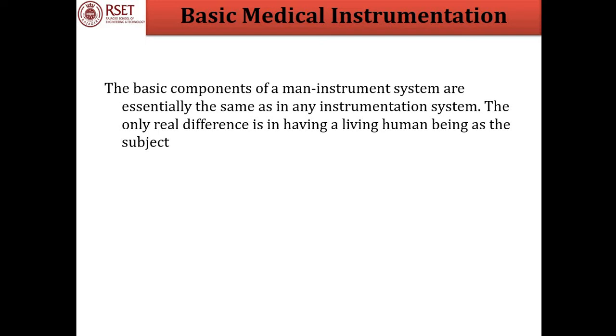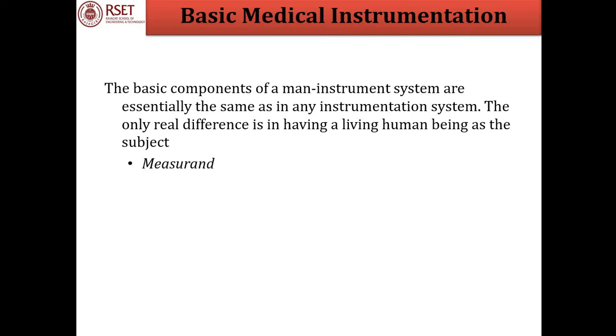Let us now look into the basic medical instrumentation system, which includes man also as an entity. So this is the difference between the ordinary instrumentation system, which we commonly use for other systems, and the man instrument system.